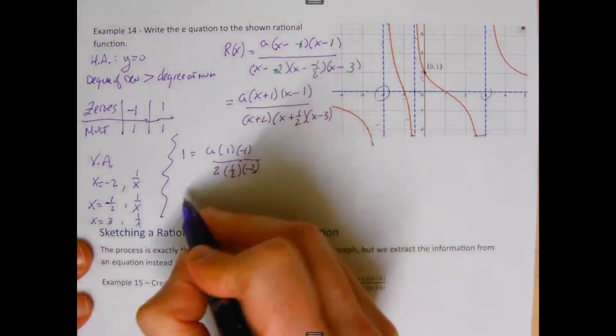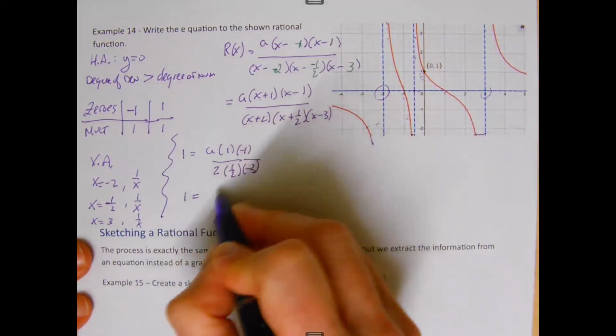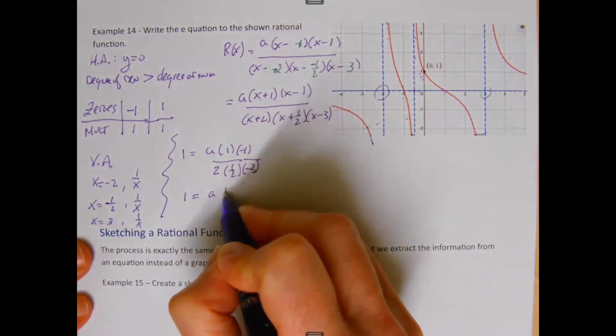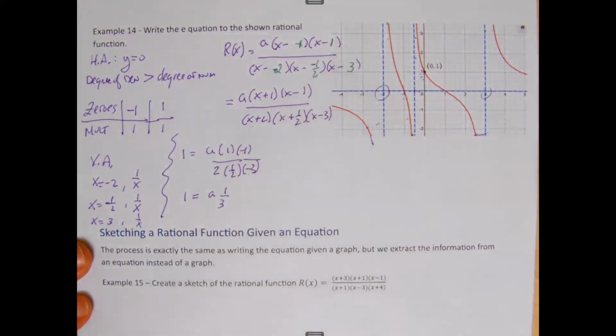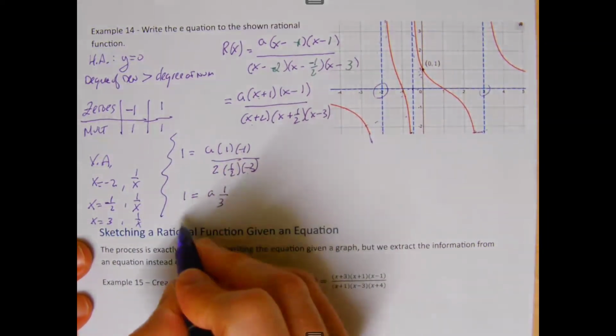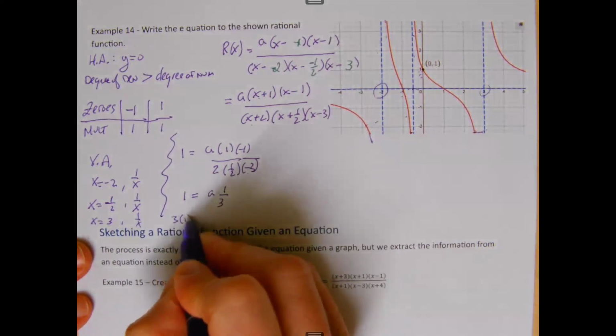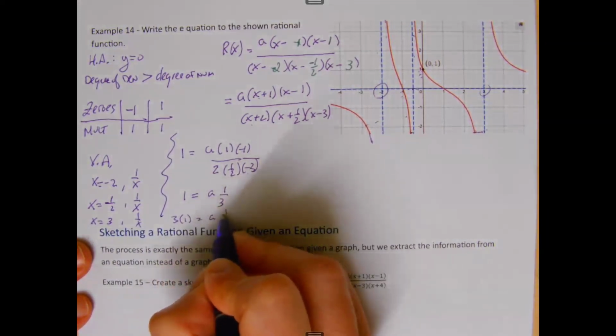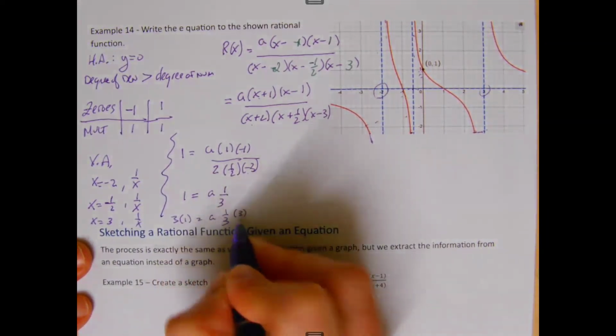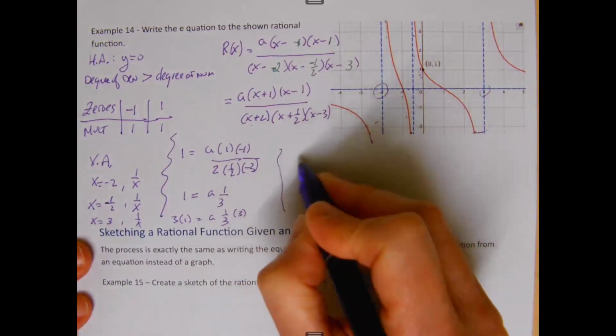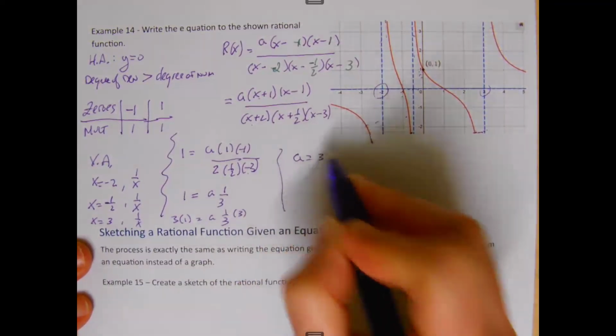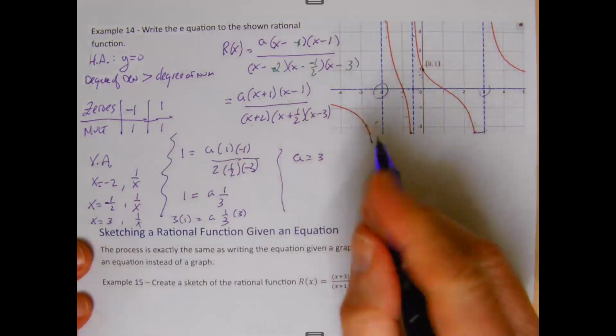So when I look at this, what I have is 1 equals a times 1/3. Multiply both sides by 3, and of course, that will give me the value of a, and the value of a turns out to be 3. And that's it. I found my value.